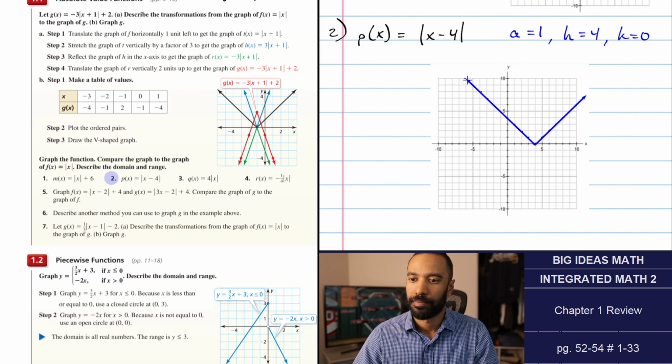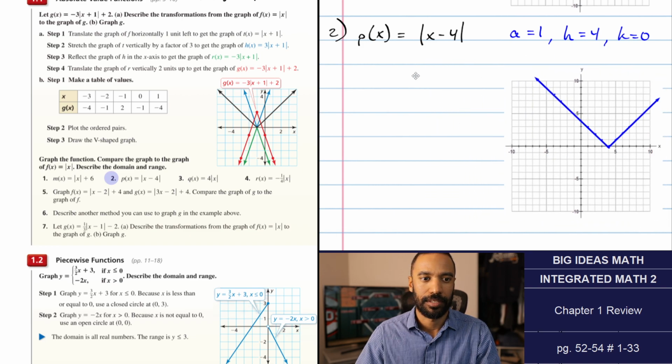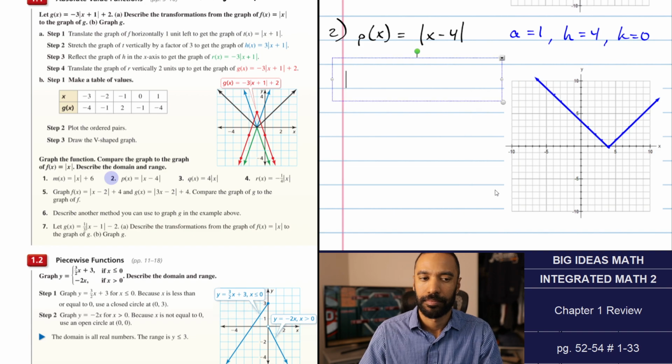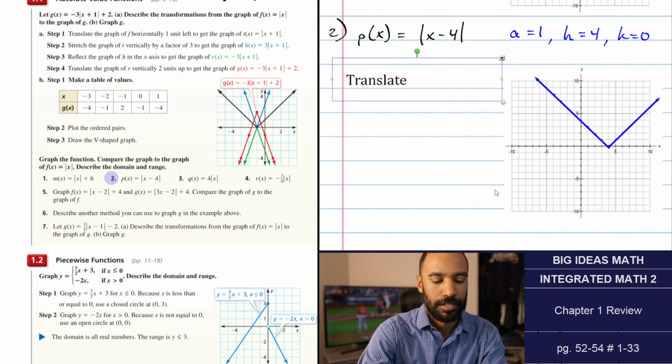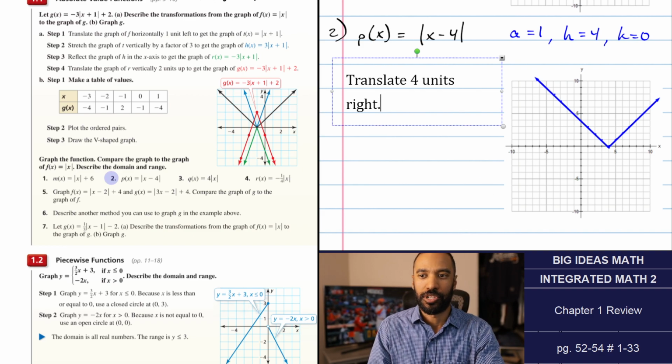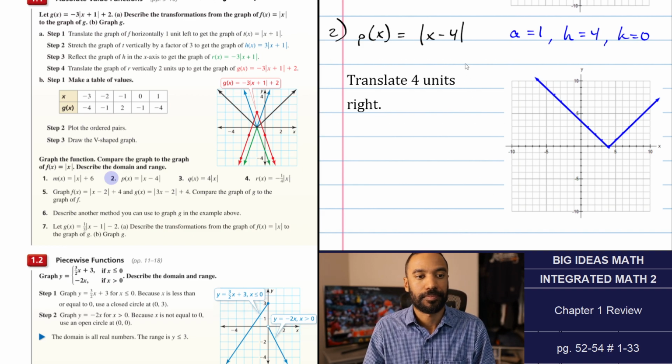Okay. And then we will translate 4 units right. Now, they say a little bit more. They say translate F and such. Fine, translate F 4 units. Nah, that looks weird. 4 units right. Remember, it's from the original, where it starts at the origin.